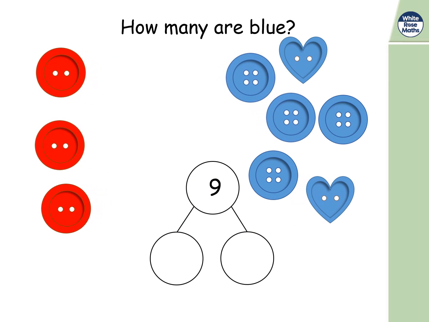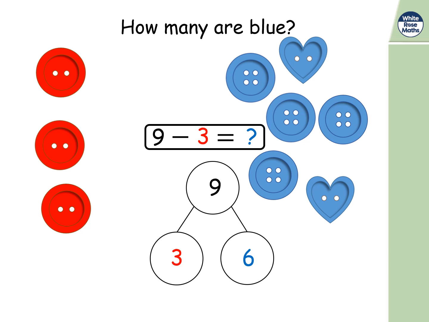If we sort them, we can see that 3 are red. And if we take the 9 buttons and subtract the 3 red, our answer will be how many blue. And yes, we can count them up and find our answer is 6. So, 9 subtract 3 red is equal to 6 blue.